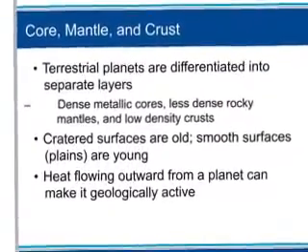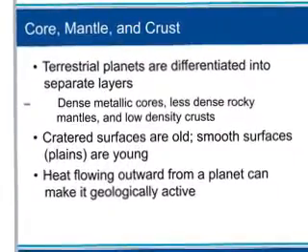So to understand what all the planets are made of, the 4 terrestrial planets, we'll get into the Jovian planets later, but our terrestrial planets are differentiated into 3 separate layers. And those 3 layers are the core, the mantle, and the crust.